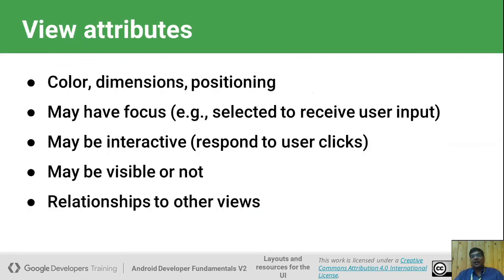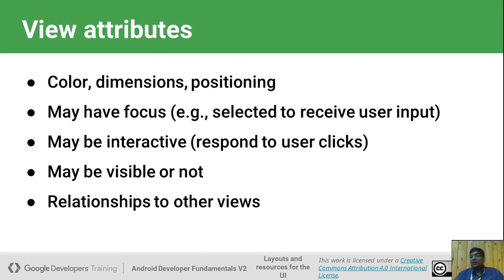Now what are attributes? Attributes show the main features of any view. If you want to change the color of a view, you use the color property. If you change the dimension, you change the width and height of the view.